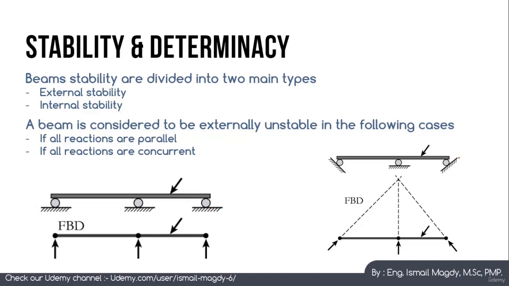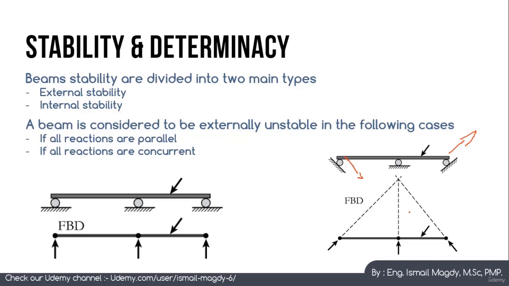Here is another condition for an externally unstable beam, and we will explain the difference between externally and internally unstable. Here you can see that all support reactions are interacting at the same point. This means that after you apply any force here, this beam will start moving in this direction, and here it will start moving in that direction.